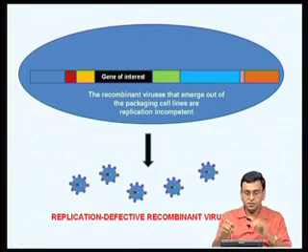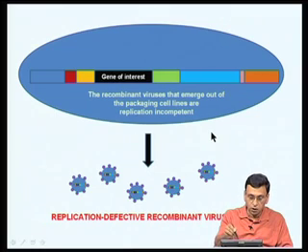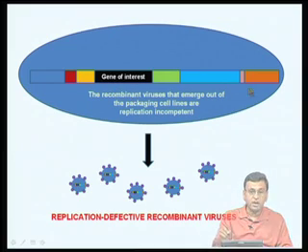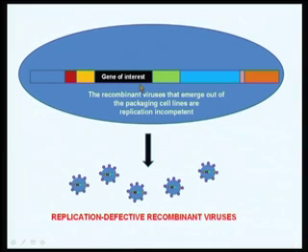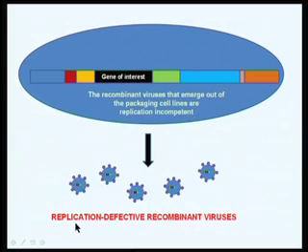That's because these viruses emerging out of the packaging cells contain a recombinant genome, and this recombinant genome lacks certain viral genes which are necessary for viral replication. So the viruses that emerge out of a packaging cell line following the transfection of a recombinant retroviral vector are termed replication defective recombinant viruses.